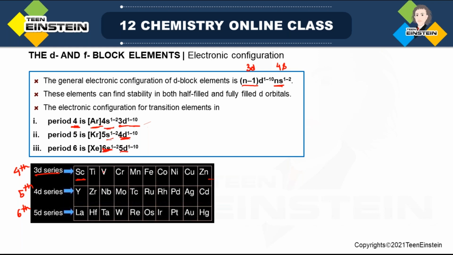And period 6, after xenon configuration, which is a noble gas, it is 6s1 to 2, 5d1 to 10. So this is the individual electronic configuration, but this one is the general electronic configuration. And remember, though after the 5d series there is another series, mostly we will limit our discussion up to this, not the 6d series. These 3 series will be mainly discussed.